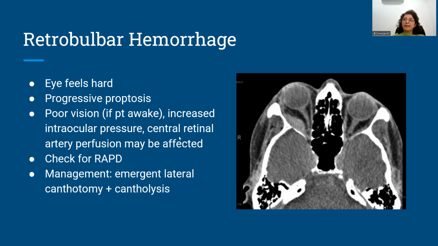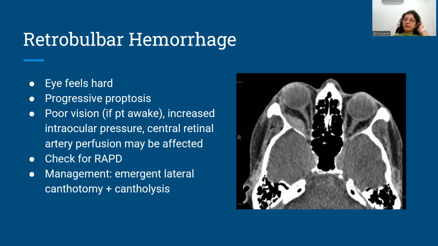And if you're able to dilate the pupil and take a look at their retina, you will start to see that the central retinal artery perfusion may be starting to go down, and there's a whitish appearance of the retina itself. In these cases, you check the eye pressure, check the vision, check for RAPD.